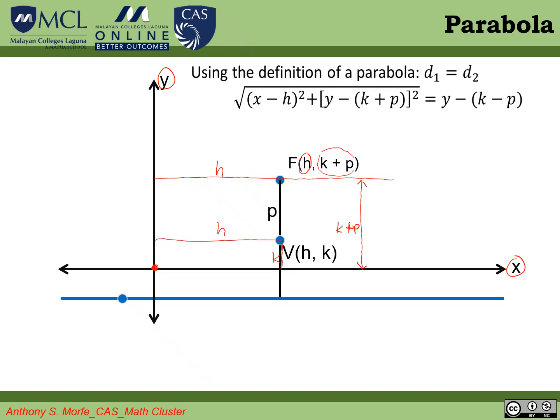Now if I consider a point, say a point is here, and assuming this point is on the parabola, and call the distance of this point to the focus d1, and if I drop a line perpendicular to the directrix, so from the definition, this is the distance from the point to the directrix and the distance of the point to the focus.